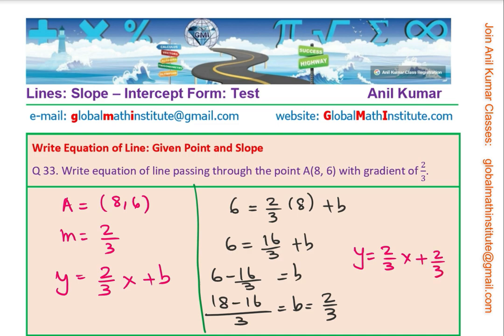Perfect. So that is how you can do it. Well, some of you can convert this to standard form. So let this be an additional exercise: convert to standard form.